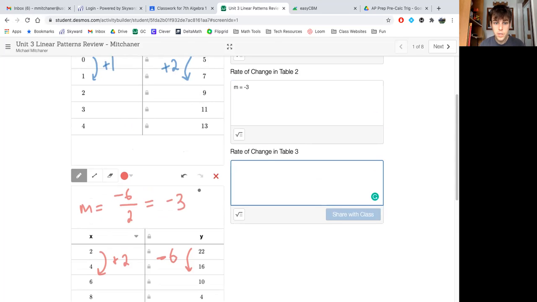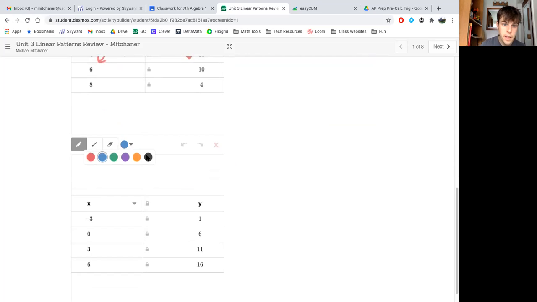And then the third one, I'll scroll all the way down, and I'll do this one in green. So our change in y, 1, 6, 11, 16. It's going up. It's a positive rate of change. We're increasing by 5. And then here, negative 3, 0, 3, 6. Our change in x is an increase of 3. So our rate of change is 5 over 3.